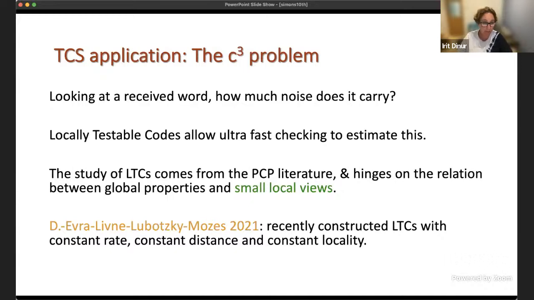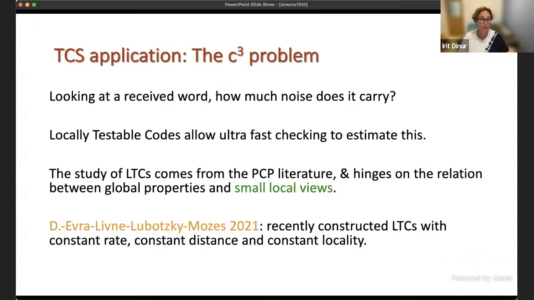So it was very natural for us to hope that high-dimensional expanders will enable us to construct LTCs. And indeed, we managed to finally do it. It took maybe a bit longer than we thought, but we managed to construct these LTCs. And the C cubed refers to having both constant rate and constant relative distance, and also being testable with a constant number of bits.